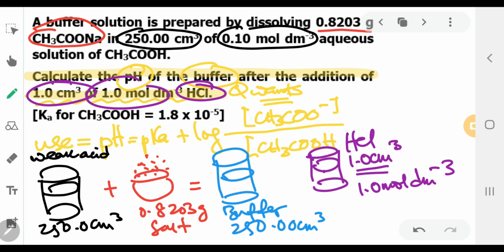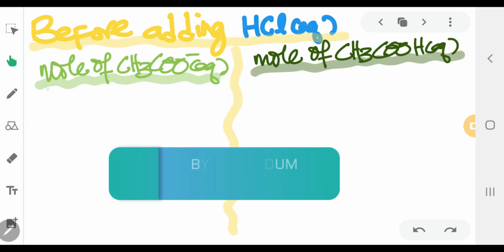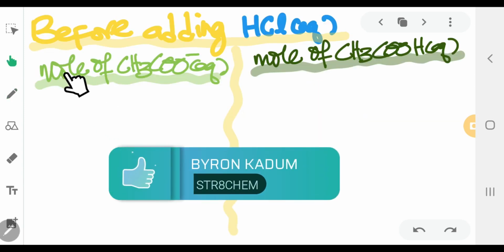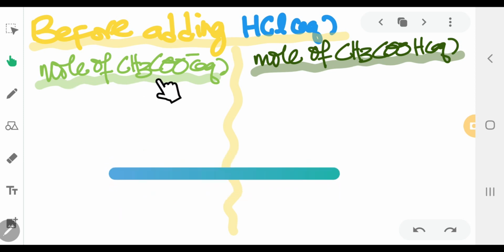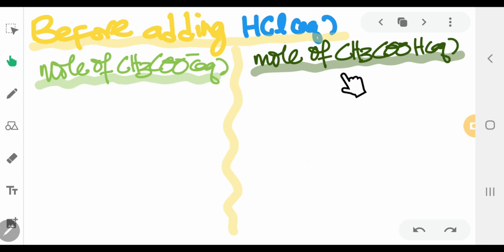So we're going to add it into your buffer solution. And now what is the pH? So that is the situation. To start, we're going to find out the number of moles for the conjugate base and for the weak acid before adding the small amount of hydrochloric acid, your strong acid, into the buffer solution.